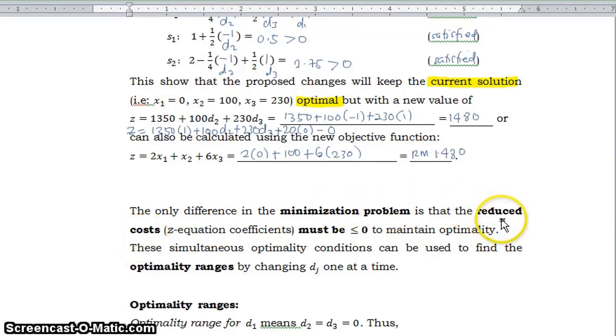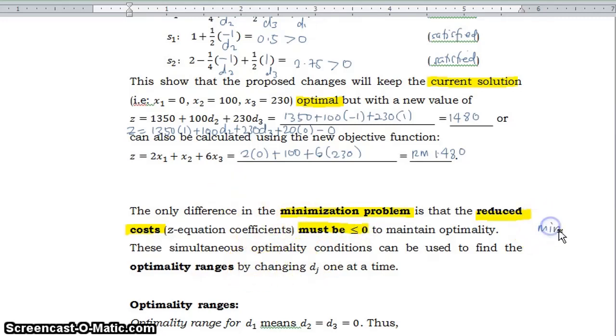The only difference in the minimization problem is that the reduced cost, meaning the coefficient of every NBV in the optimal row 0, must be less than or equal to 0 to maintain optimality of the solution. Here for a minimization problem, we need to make sure that the reduced cost must be less than or equal to 0.